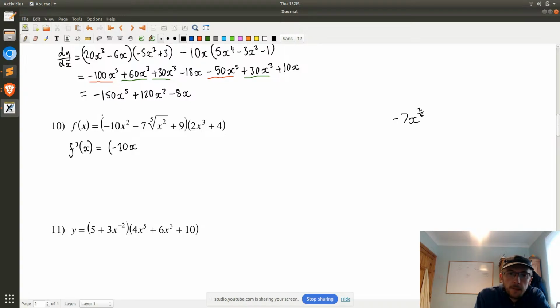Negative 14 over 5. There. There, like that.